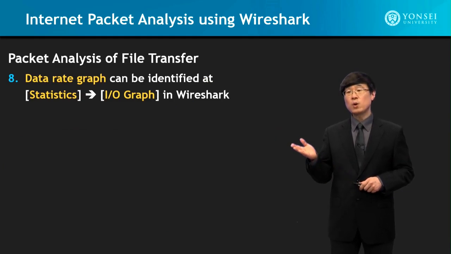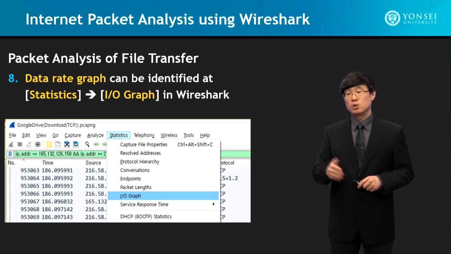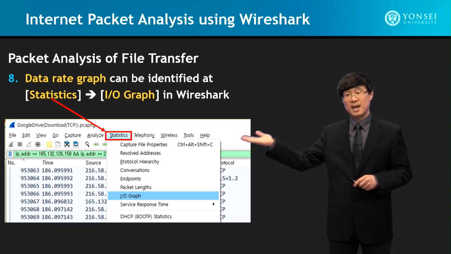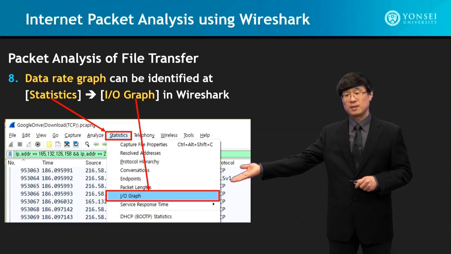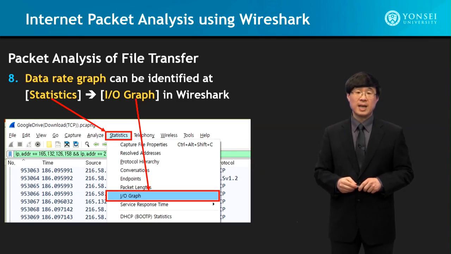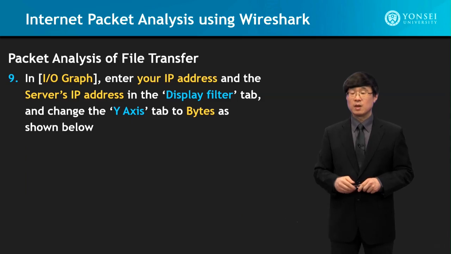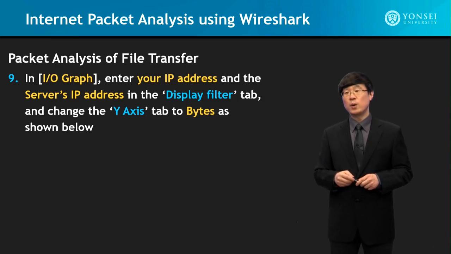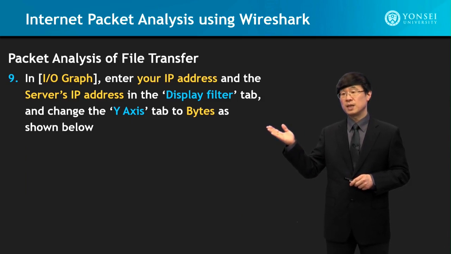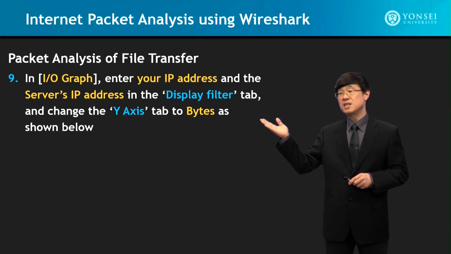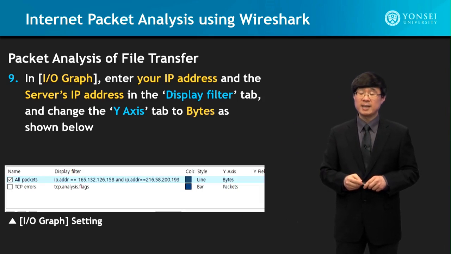Next, what we're going to do is look at the data rate graph. Here, in the options you can go under the statistics and then select the I/O graph. In this process, we're going to look into the server's IP address in the display filter tab and change the y-axis to bytes.